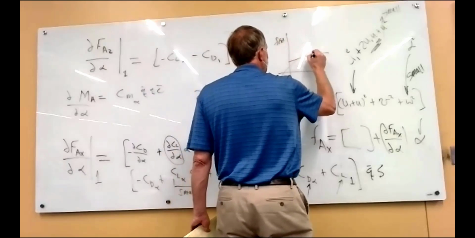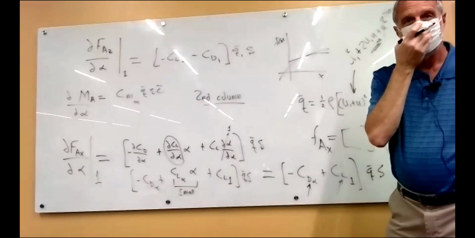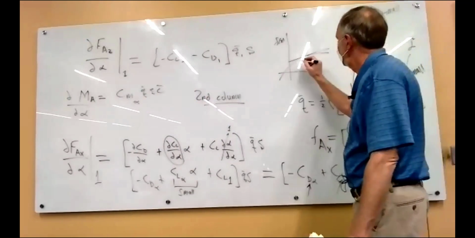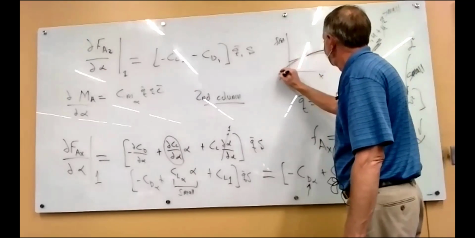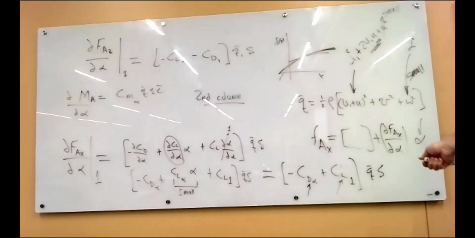We're curve fitting it with a line, but if you added a second derivative, you'd get the x squared term, and so you could fit it a little better. But the reason we don't do that in our small perturbation analysis is we want to take the Laplace transform, because it's a dynamics equation, so we're going to solve it with Laplace transforms, and you can't take the Laplace transform of alpha squared. It's just not defined. It doesn't do nonlinear terms.